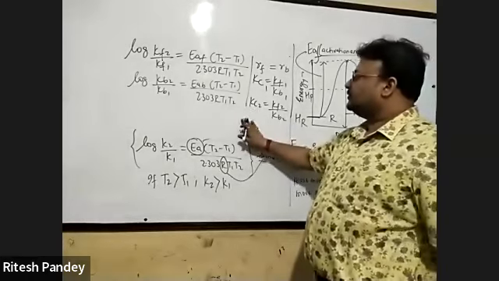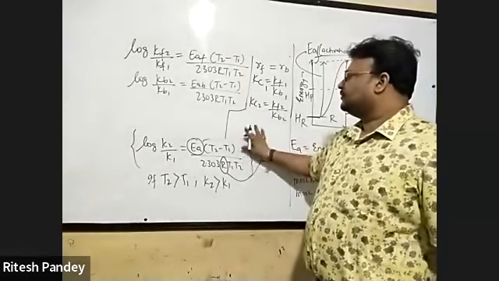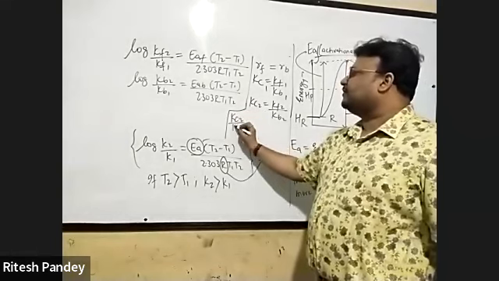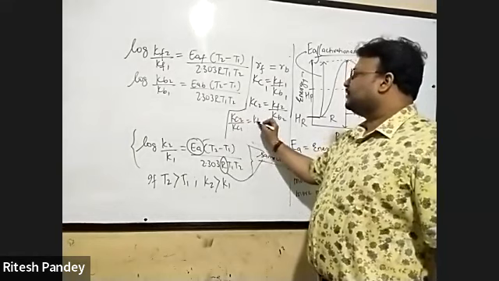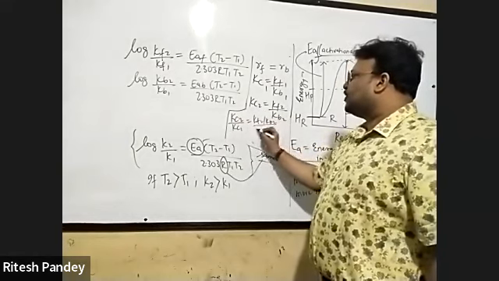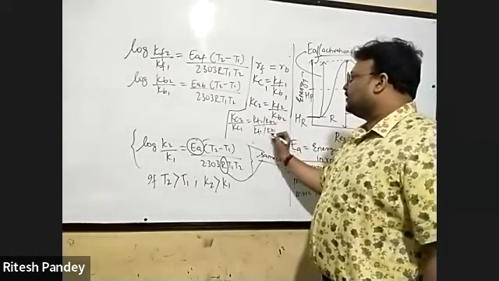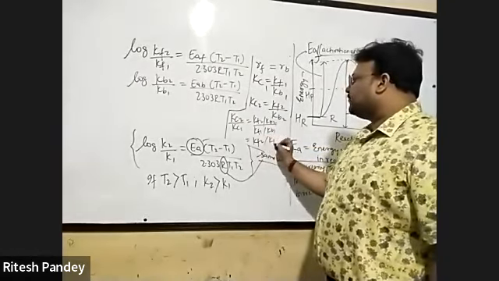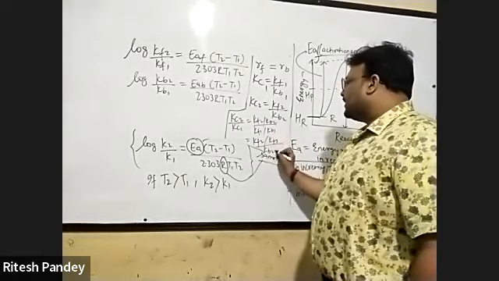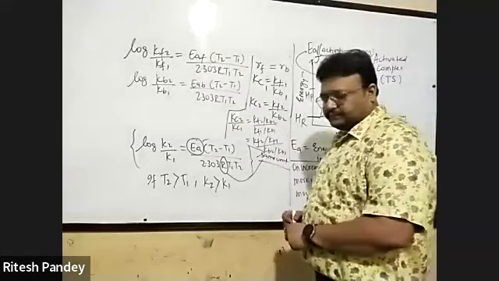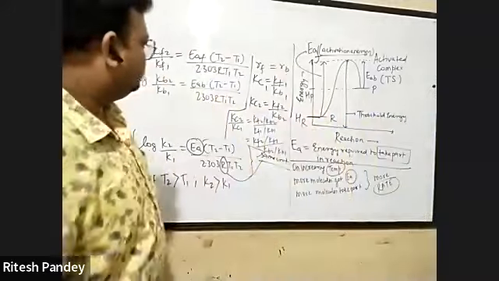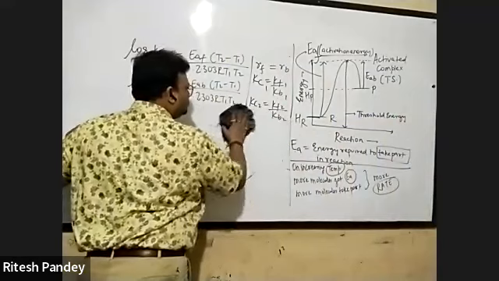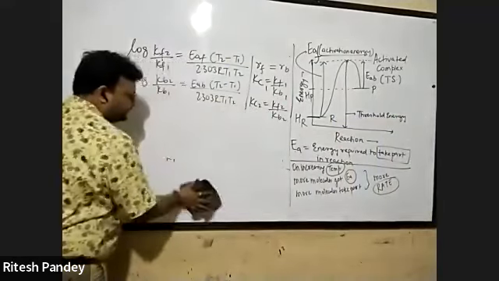And if I have to take Kc2 by Kc1, which is Kf2 by Kb2 upon Kf1 by Kb1, can I take it like Kf2 by Kf1 upon Kb2 by Kb1? आराम आराम से देखो, कोई हड़बड़ी नहीं है.